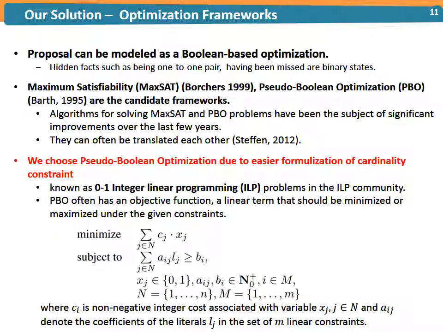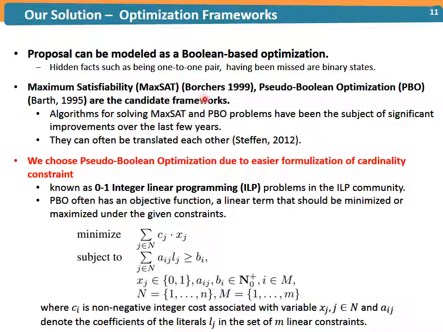In order to formulate and solve our problem, we need an optimization framework. Obviously, our problem can be seen as Boolean-based optimization, because facts like whether a pair is a one-to-one pair and whether an edge is missing are all binary states.